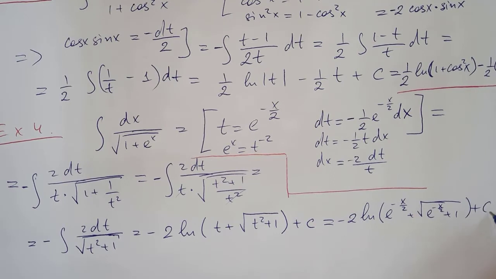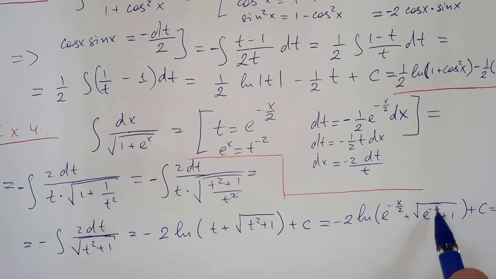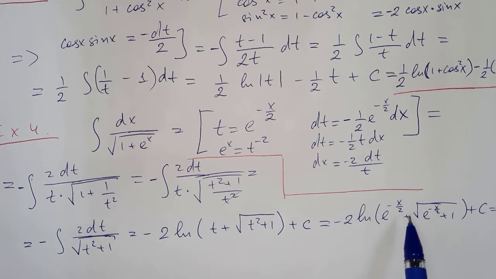Okay, now we can simplify this expression, and after simplifying, here we have again 1 over e to the power of x over 2, so it will be e to the power of x, and we can take out e to the power of x.